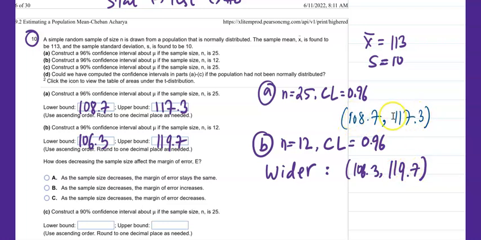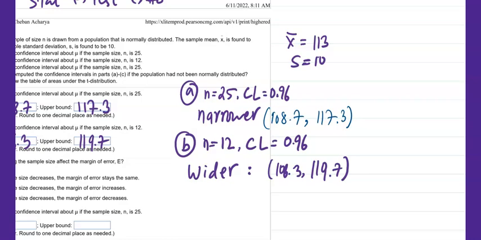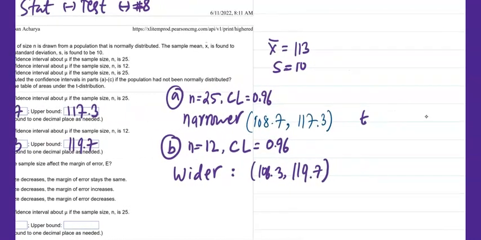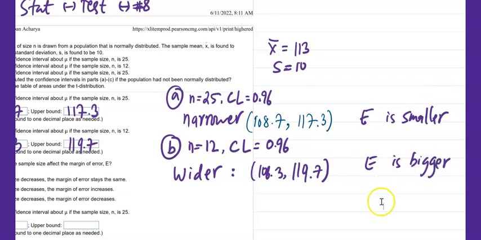A wider interval has a larger margin of error than a narrower interval, because the margin of error goes from the center to the bound.